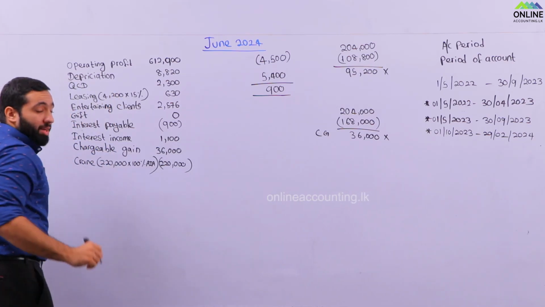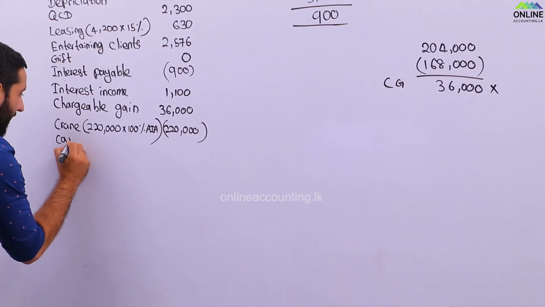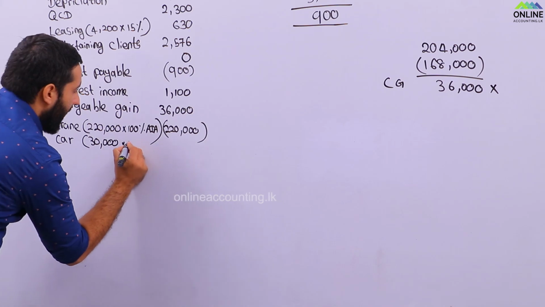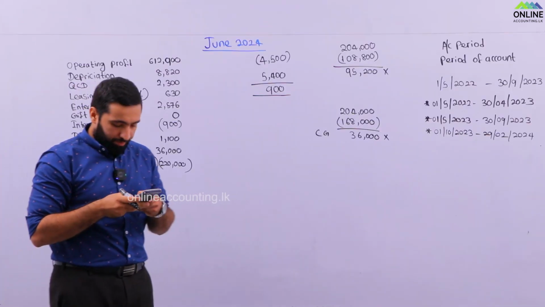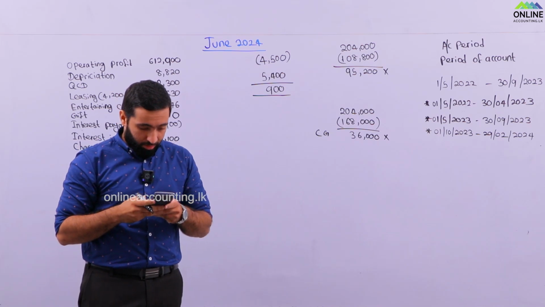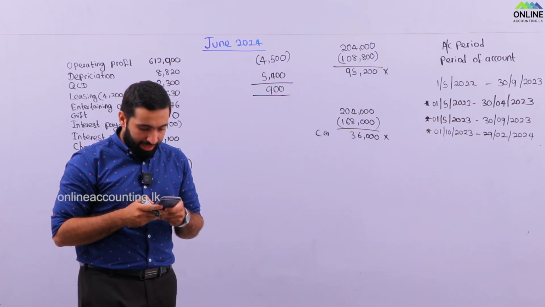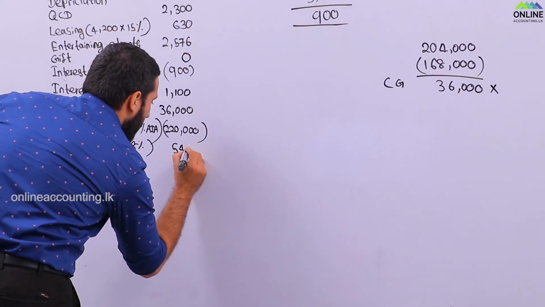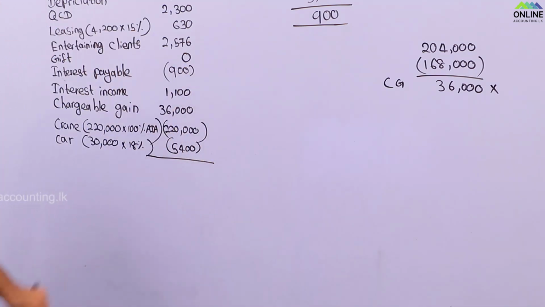So what this person has purchased is the car, and then the car was worth 30,000, and then you get 18% out of this, and this will give you 5,400. And then finally we are done.